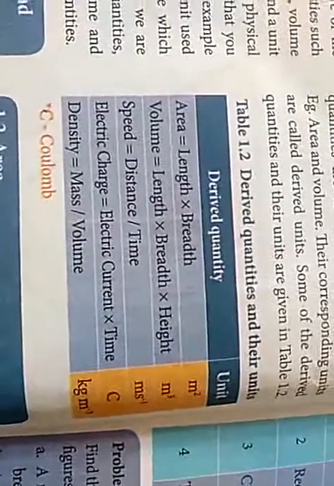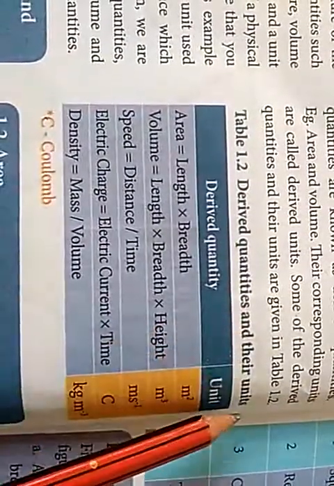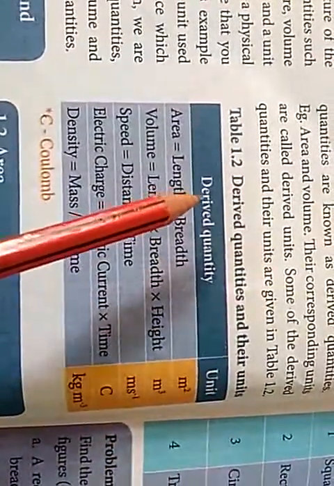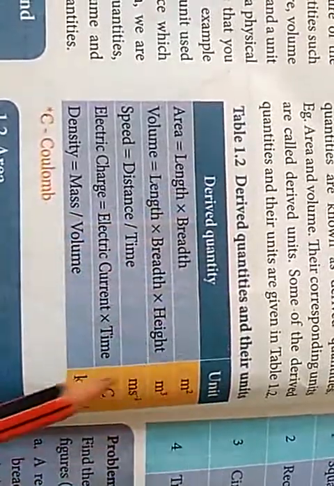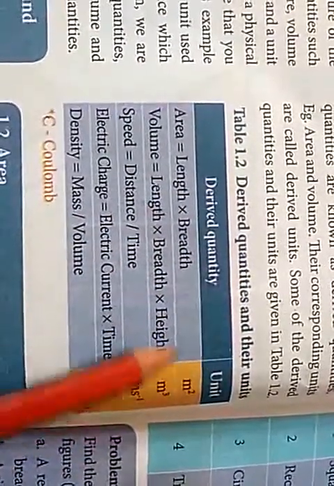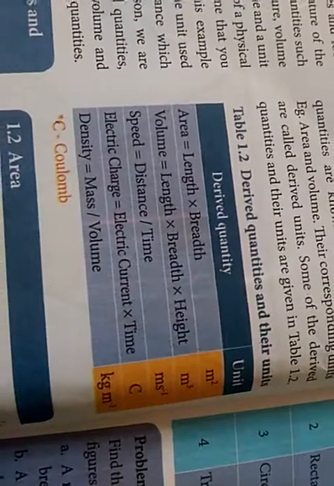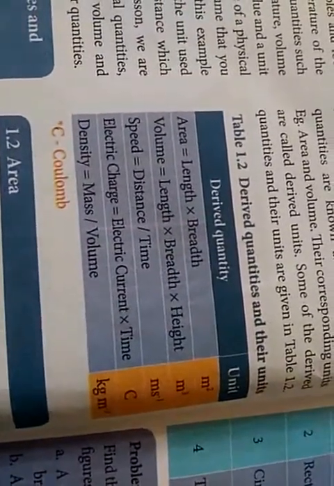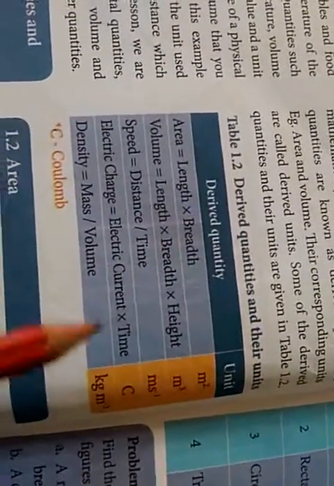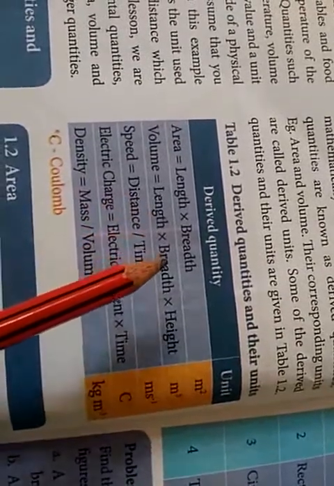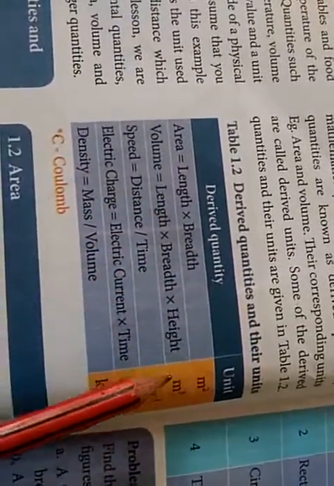Students, here we see some derived quantities and their units. The corresponding units are called derived units. Area is equal to length into breadth, unit meter square. Volume is equal to length into breadth into height, unit meter cube.